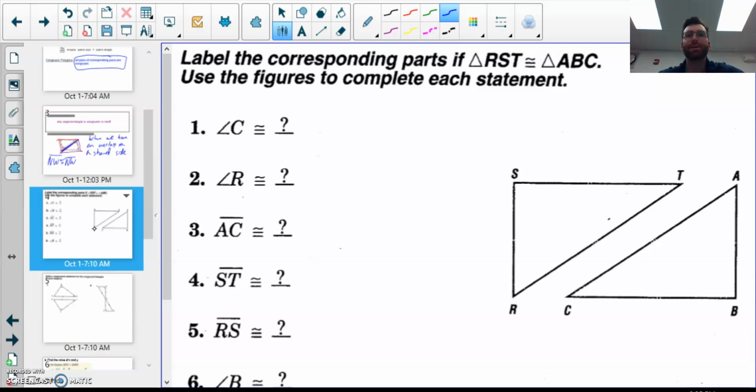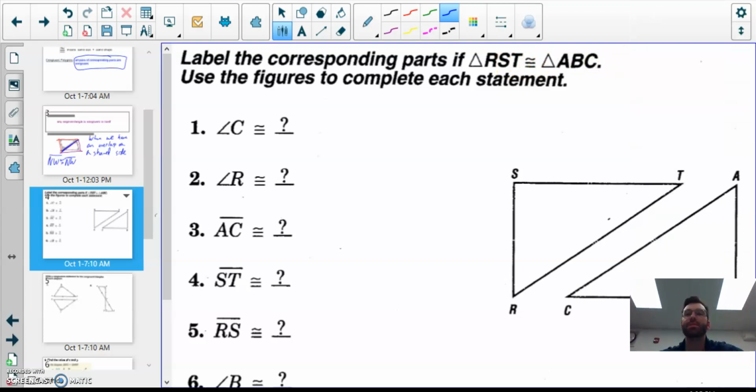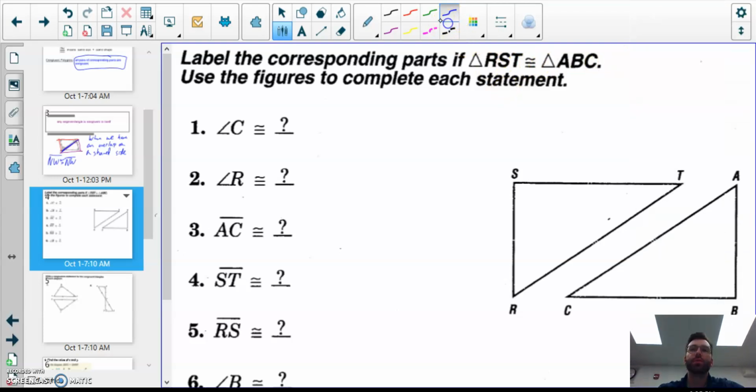Here we go. So, labeling all the corresponding parts. RST is congruent to ABC. The most important thing to think about is that order matters. RST congruent to ABC. The order matters. The way they're oriented doesn't.